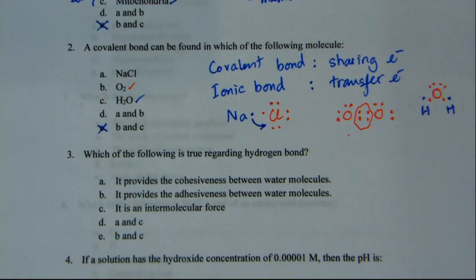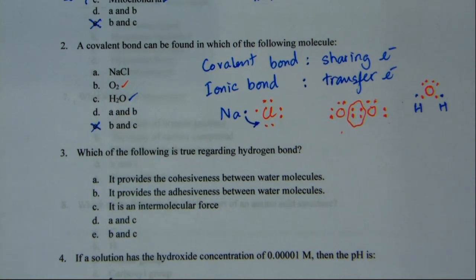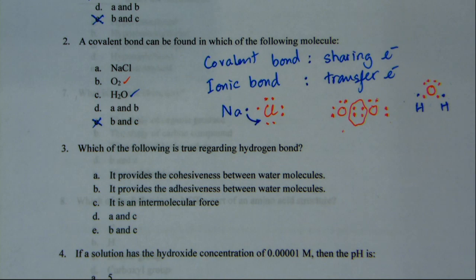Next, which of the following is true regarding hydrogen bond? The first one says it provides cohesiveness between water molecules. Cohesiveness is about how the water molecules bind to each other.